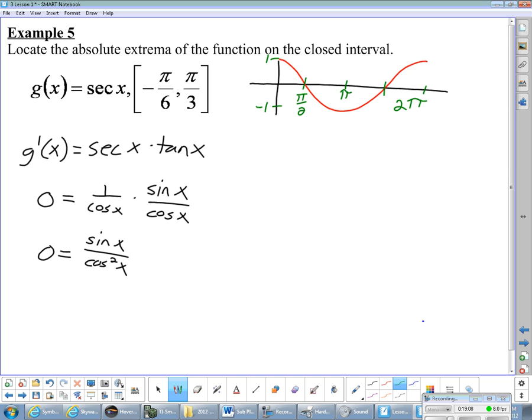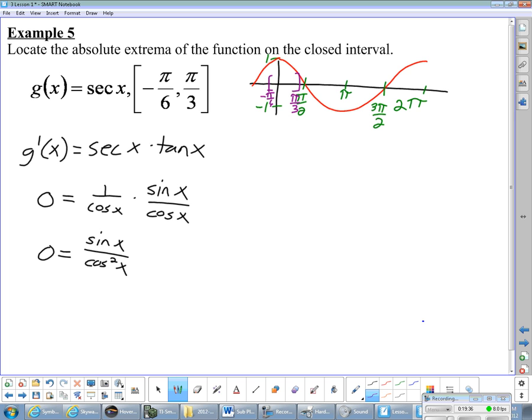Oh, and it crosses here, sorry, at 3 pi over 2. Technically, I didn't have to put all that information on there because we're only concerned about from -pi over 6 to pi over 3. Well, I do have to get in the negative realm, though. -pi over 6 is right here. And pi over 3 is right here.